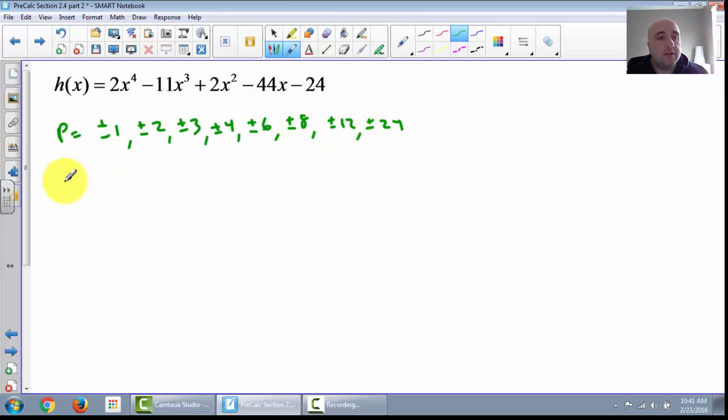So there are our p's. Now our q's are all the factors of our leading coefficient, 2. So plus or minus 1 and plus or minus 2. There are our p's and our q's.